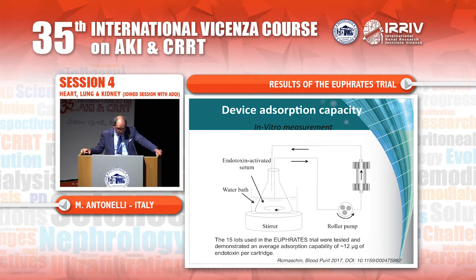Interestingly, if you look at the capability of the cartridge to absorb the endotoxin, there is an average capability of roughly 12 micrograms of endotoxin per cartridge.